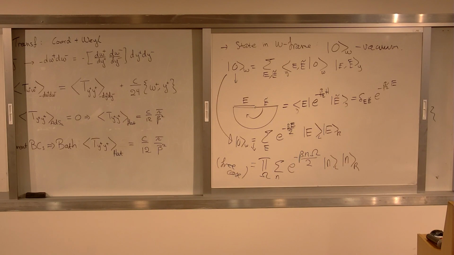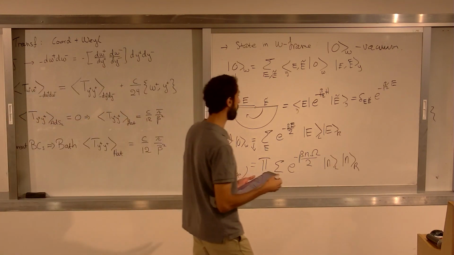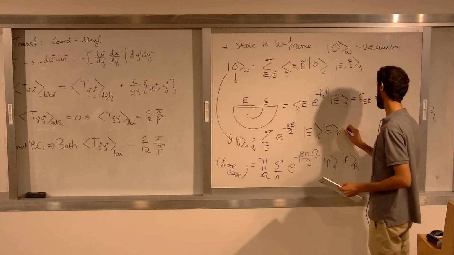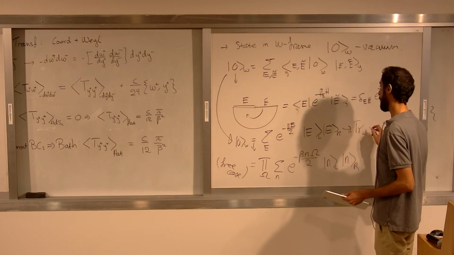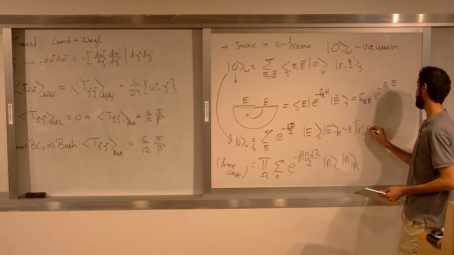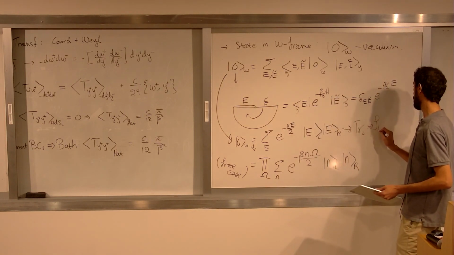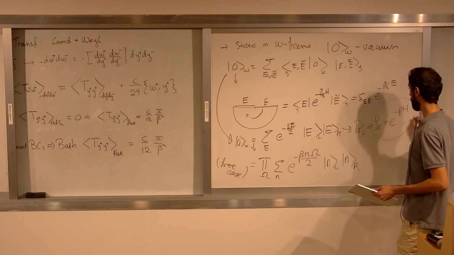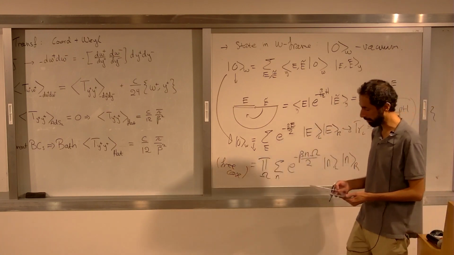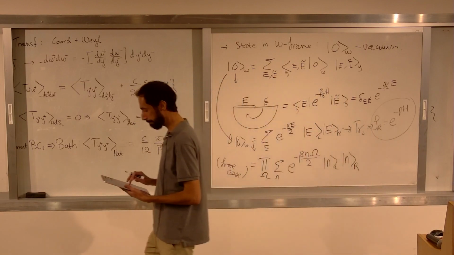This is just a purification of the thermal state. Correct. This is the purification of the thermal density matrix of either of the two sides. If you take this and you trace over, let's say, the left, then you get a density matrix for the right, which is just e to the minus beta H. You get the canonical density matrix.